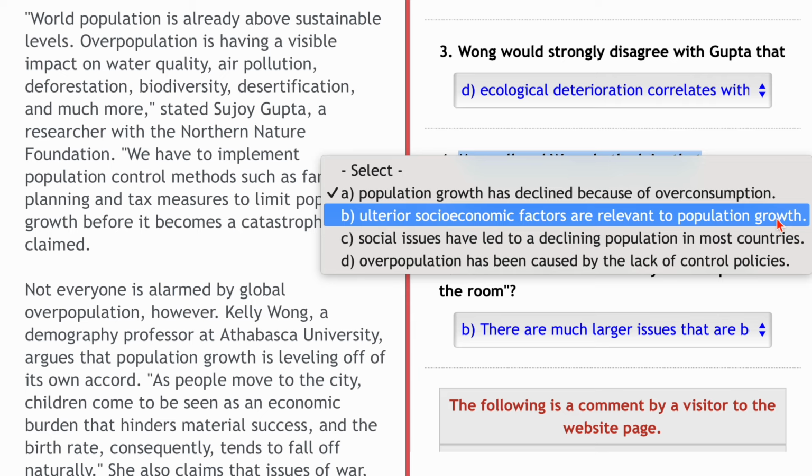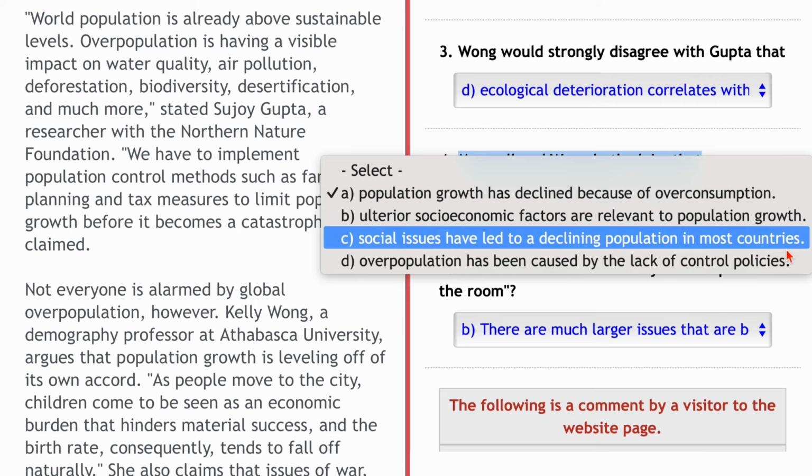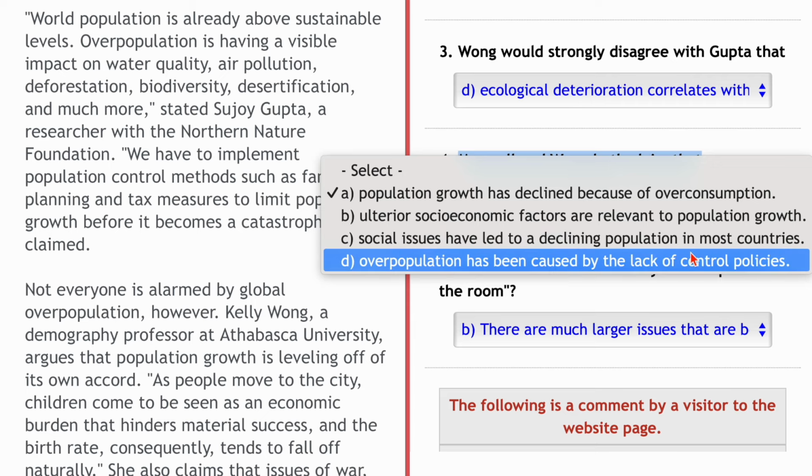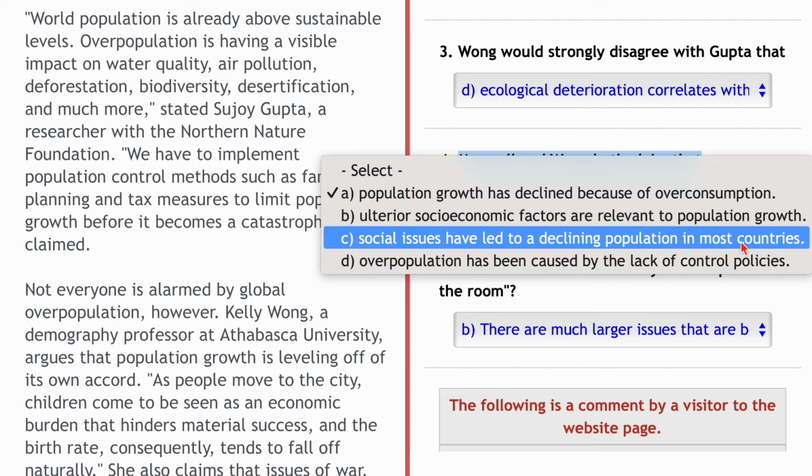has decreased, okay? Now, C, it's not C because social issues have led to a declining population in most countries. Both of them didn't say that the population is declining in most countries. No. Maxwell said in rich countries.